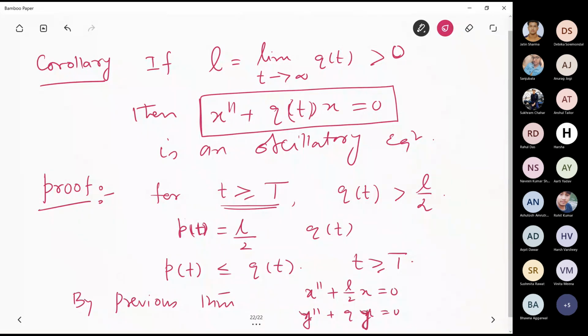This says that between two zeros of x, there is at least one zero of y. And x has a positive constant L, so it's an equation with positive constant L. Therefore, x is oscillatory, therefore y is oscillatory.